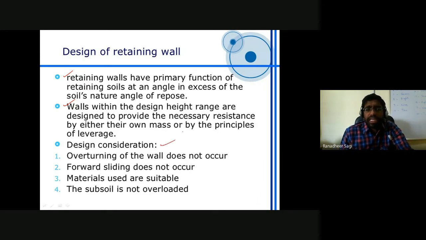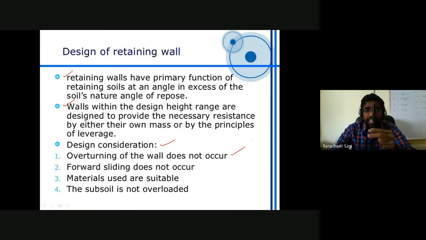What are the different design aspects which we should take into consideration while designing your retaining wall? Okay, so one important thing is that there should not be any overturning happening in your retaining wall. Your retaining wall which is constructed, which was supposed to be vertical, you should not see any rotation happening in that retaining wall. That is one criterion.